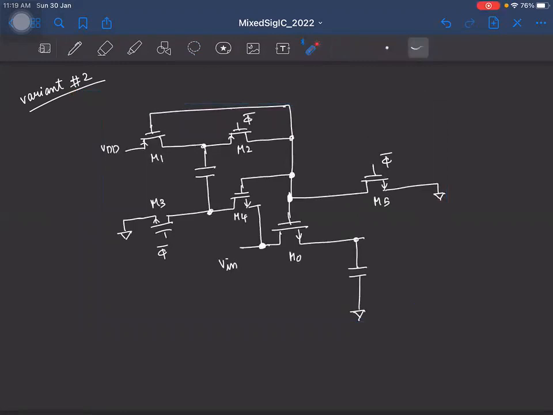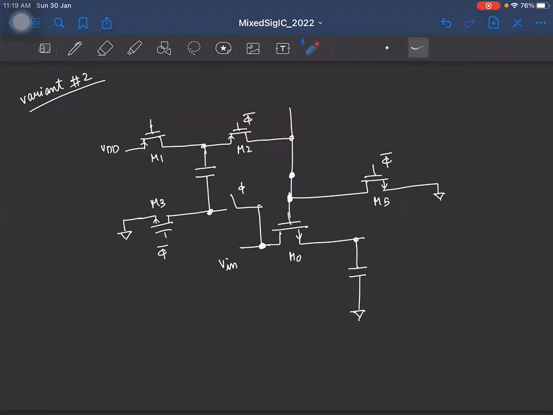Recognizing the fact that the gate voltages of these transistors M1 and M4 can actually be shared with the gate voltage of M0, what was done was the following. So let me just delete these things. So this switch is clocked by phi, right?